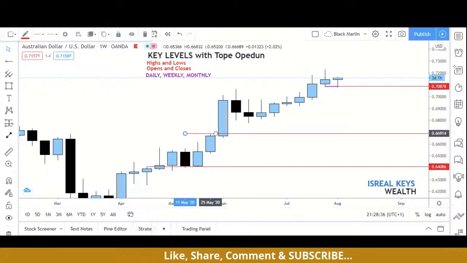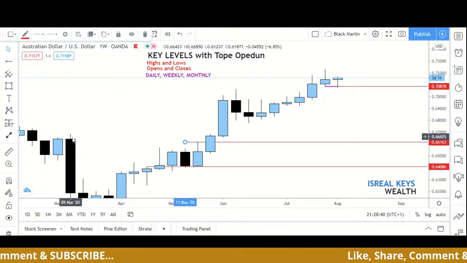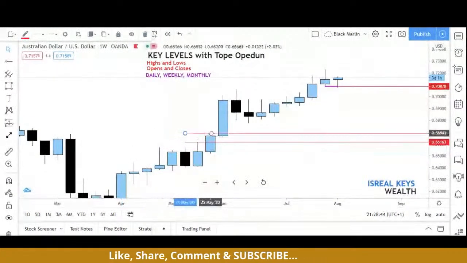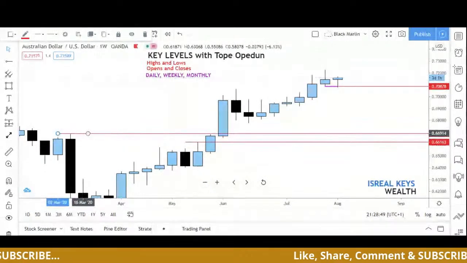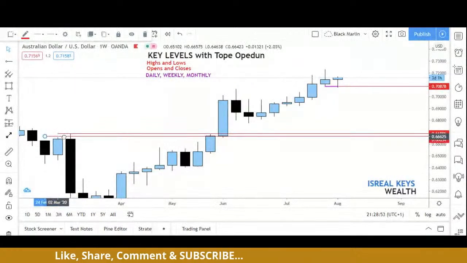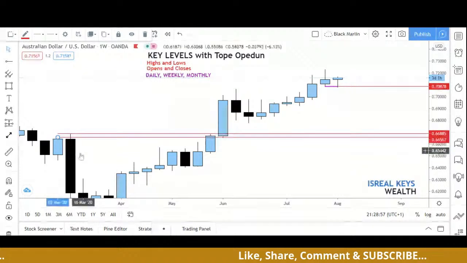Right, and as the week continues, you could say that's another key level. But if you look back this way, there's another key level that's close to this price. Okay, we have that, we have this. So you can mark the two out. So the week of the 2nd of March.